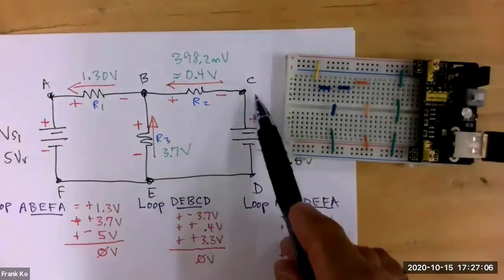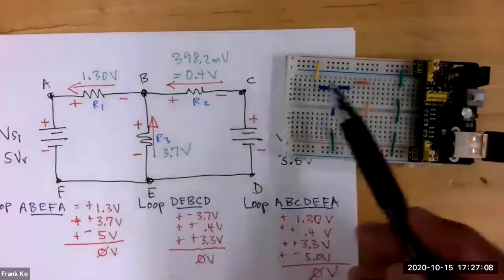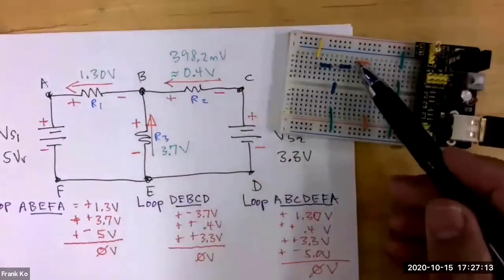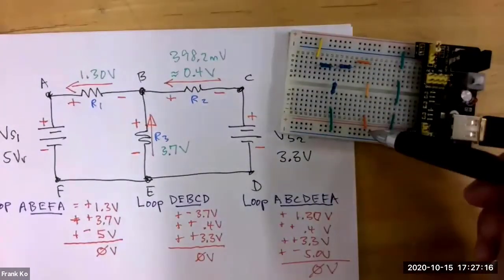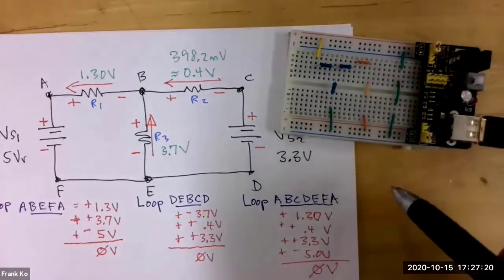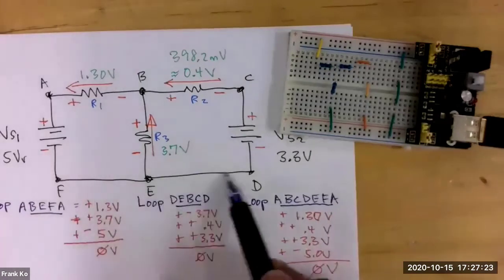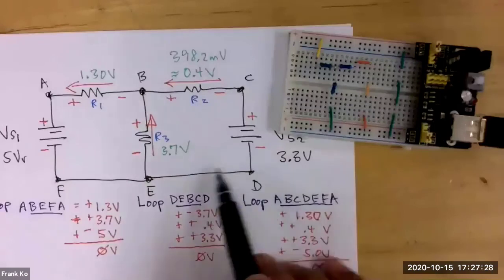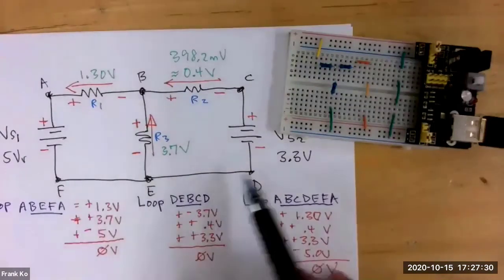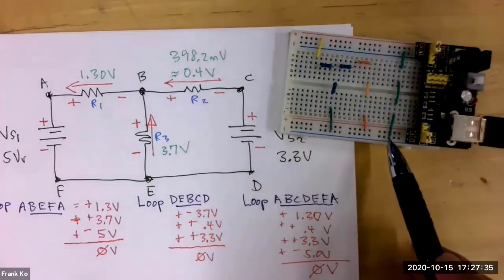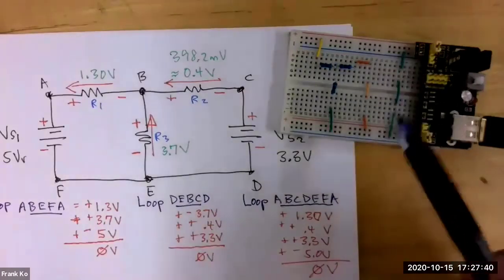I've got this side of R2 right here tied to the positive side of my 3.3 volt source, which is looped down here to this red rail, and this red rail is now set to 3.3 volts for positive. And then the grounds are all connected together. So the ground of the 5, the ground of the 3.3, and this middle resistor are all tied to ground. If you look at this middle resistor, I'm using this blue rail as ground. This blue rail is ground to here, and then this comes up to this ground rail up here.